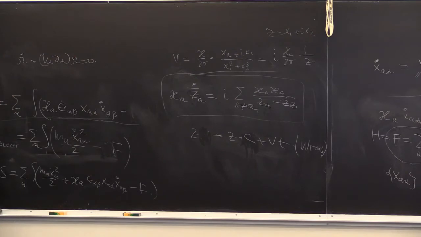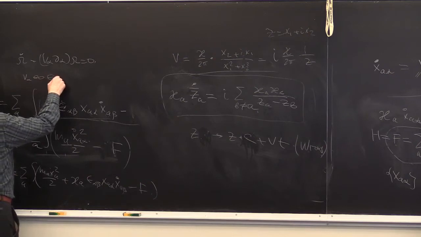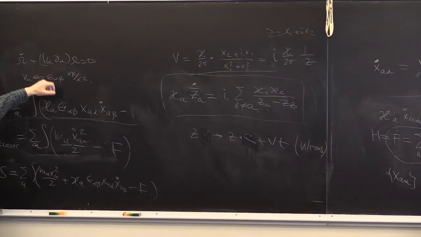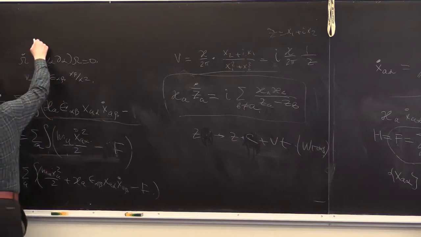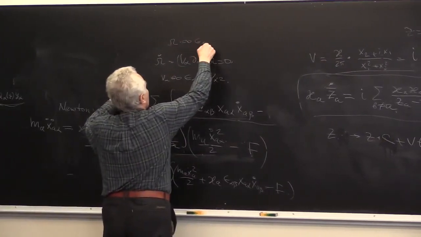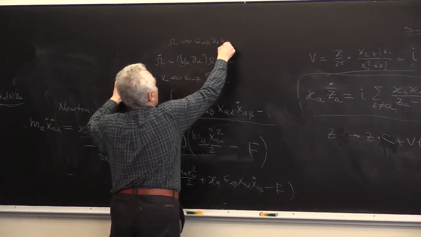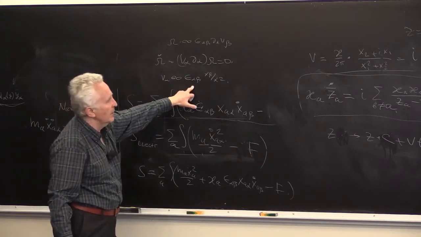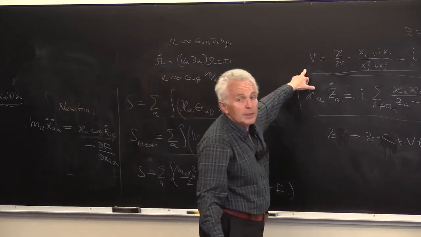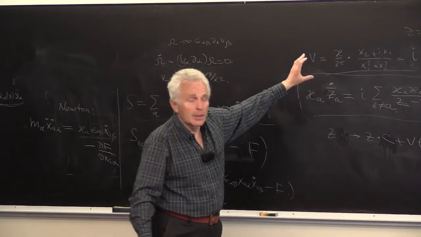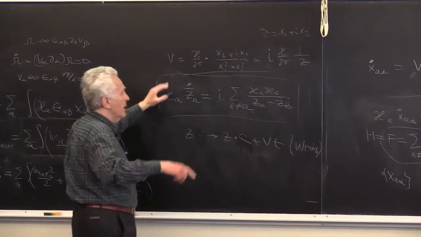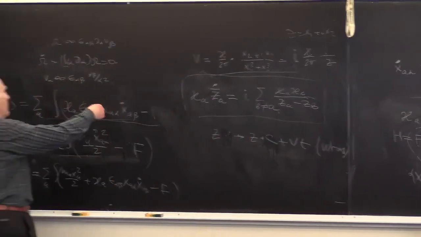And we found the solution of it, which is epsilon alpha beta x beta divided by x squared. Omega is here epsilon alpha beta d alpha v beta. It's a curl of v. So it's a concrete equation and it's a concrete solution. And this is the same solution written in complex variables, which is not needed for the argument about Galileo. It's completely irrelevant, complex variables or real variables.